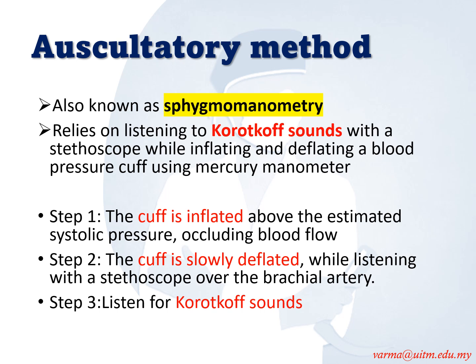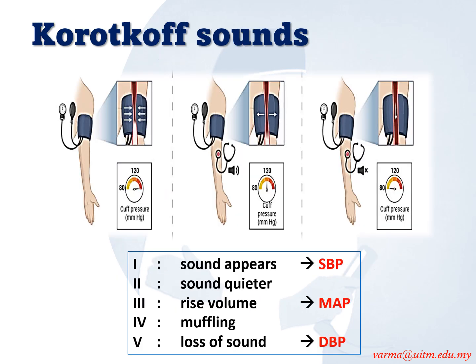The stethoscope is placed beneath the cuff over the artery that is being occluded. Step 2, the cuff is slowly deflated while listening with the stethoscope over the brachial artery, and we listen for Korotkoff sounds.